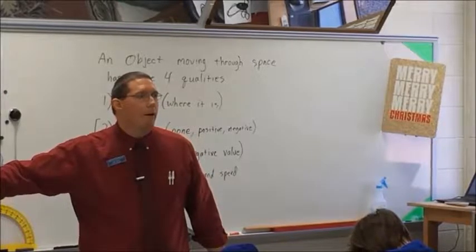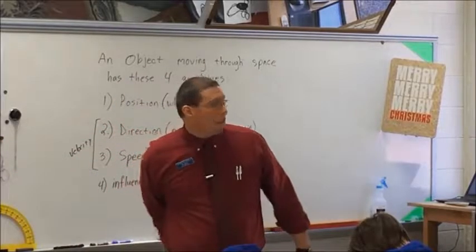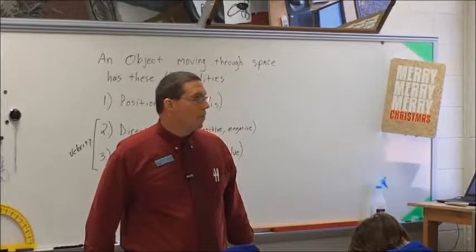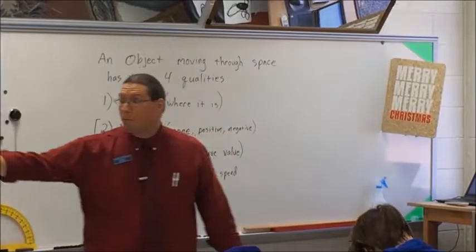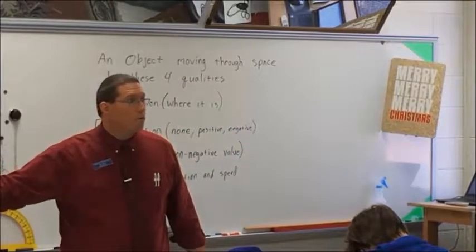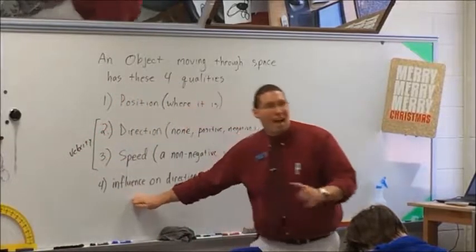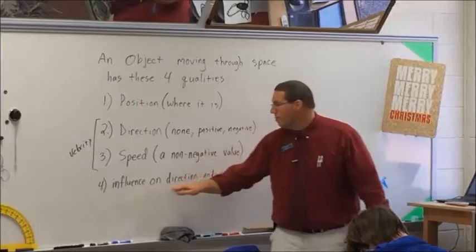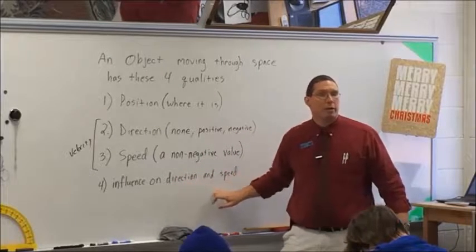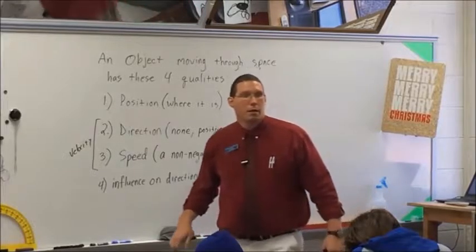What's eventually going to happen? It's going to slow down, stop, and then it's going to roll backwards, right? It's going to change direction. The gravity because of the slope and the friction of rolling against the ground is influence on that ball. It is influence in an opposite direction and an influence to reduce the speed.